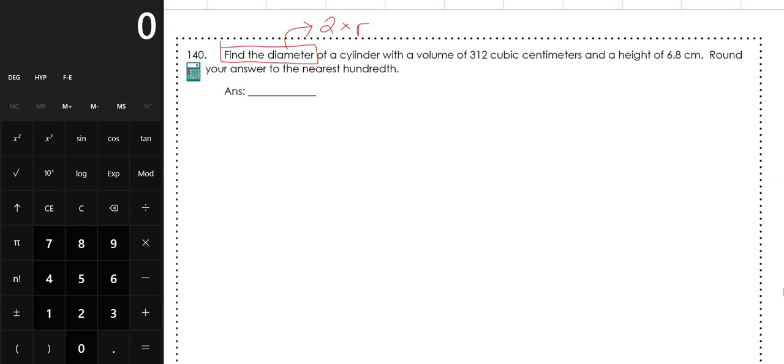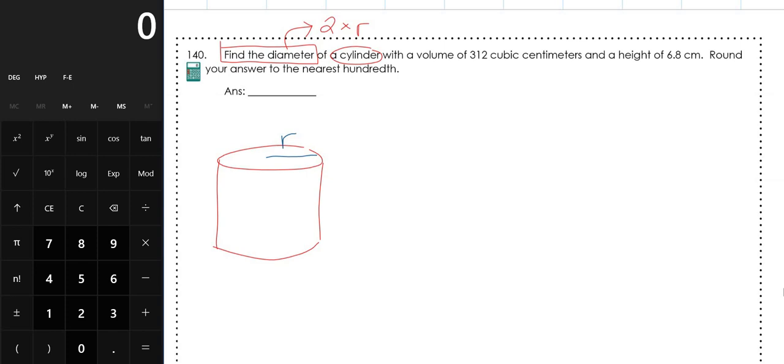Now, let's think about what shape we're talking about here. They're looking for the diameter of a cylinder. Okay, let me go ahead and draw my cylinder. Okay, so this is my cylinder. I'm looking for R. And they tell me a couple of things about this shape. Let's take a look at what they give me.